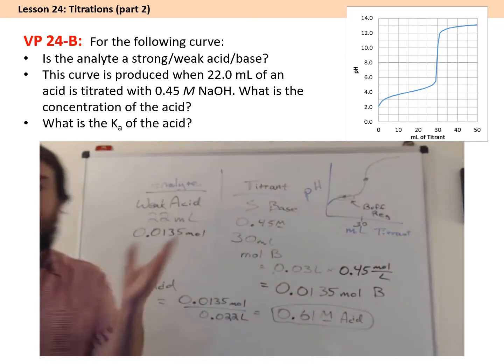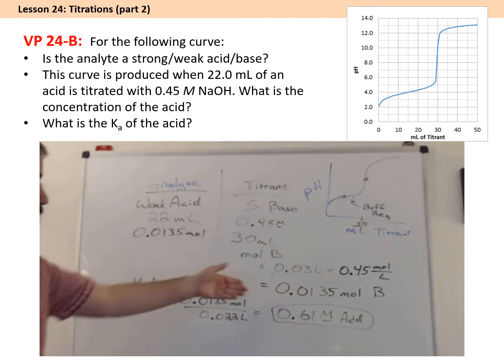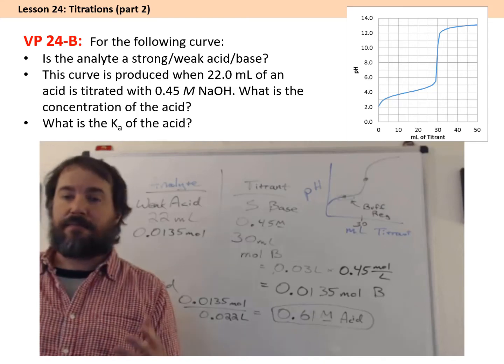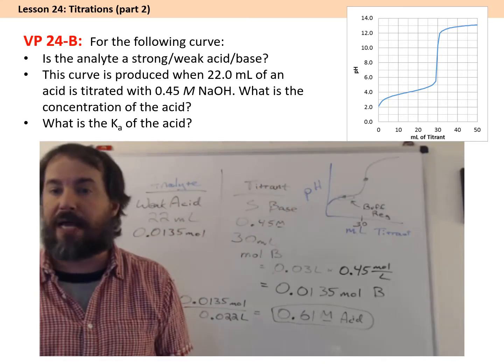I don't know what this acid is. I'm just told that it's an acid. All right. This is a weak acid titrating with a strong base.